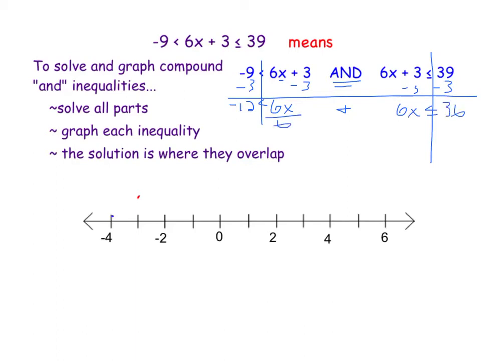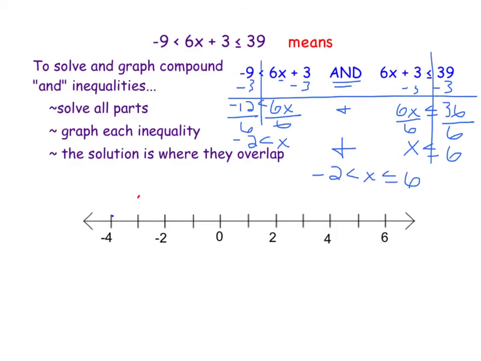I have to divide everything by 6. And again, I usually do both at the same time so I don't forget. So we have negative 2 is less than x, and x is less than or equal to 6. And we can put them back together. Negative 2 is less than x is less than or equal to 6.